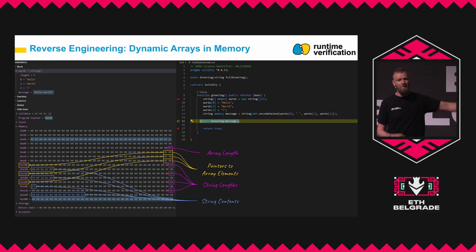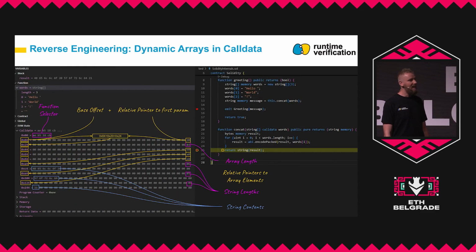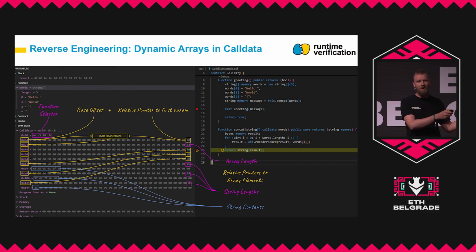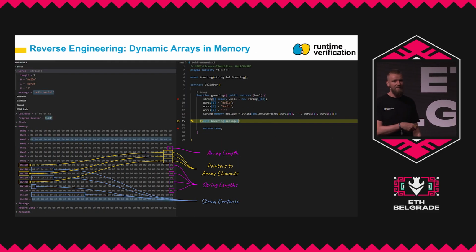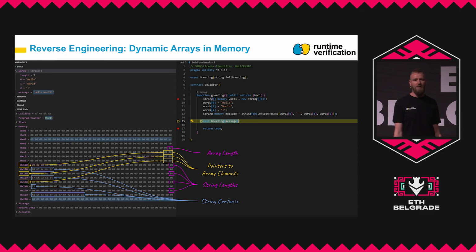Let's make things more complicated. How are dynamic arrays laid out in call data? I just showed you how dynamic arrays are laid out in memory, and you would think, well, in call data it's probably the same.